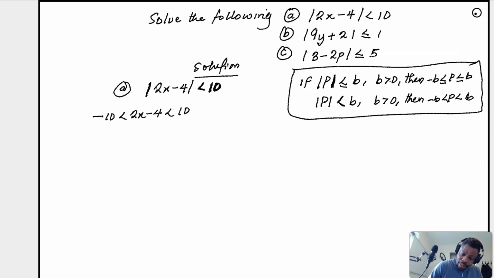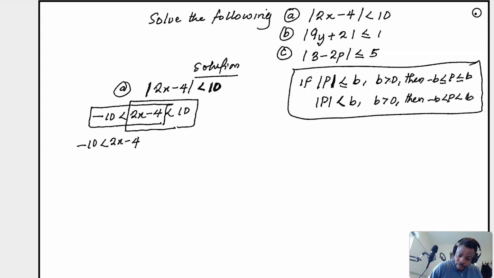If I take the first one, that would be minus 10 less than 2x minus 4. If I take the second one, that would be 2x minus 4 less than 10. So you have two inequalities here.